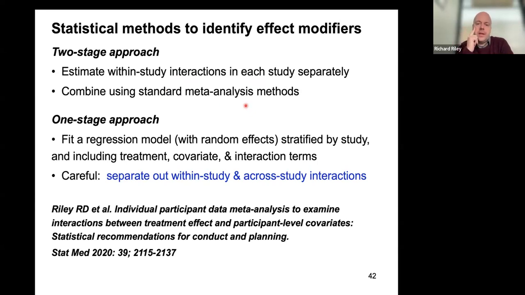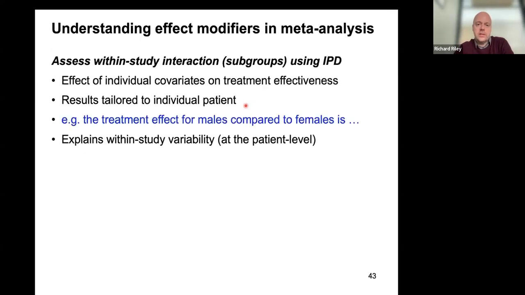But again, be very careful here. You can't just put in an interaction term. You have to make sure there's separation between interactions at the individual level from associations at the study level. And I'll unpack this a little bit in the coming slides. But again, just a note of caution that it's very easy to get this wrong in a one-stage analysis.